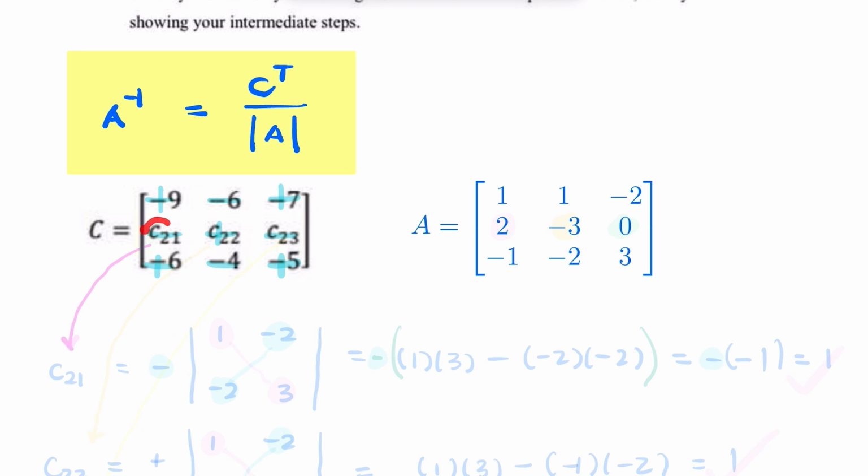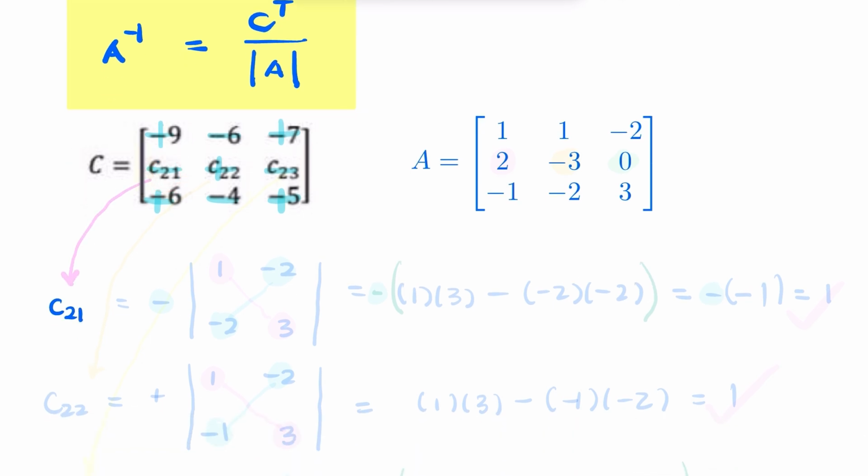And then to find each corresponding cell, so for example, for C21, we would take the corresponding cell in the A matrix and eliminate that row and that column, and find the determinant of the remaining four elements.